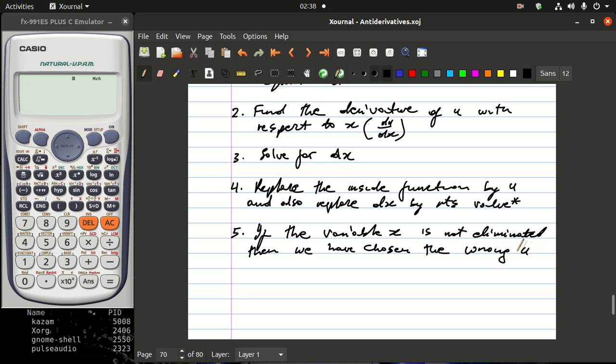So if it happens that after replacing dx and also u, you end up still having u and x in the same equation, then it means that the u that we chose is wrong.